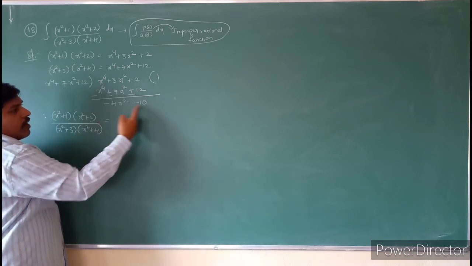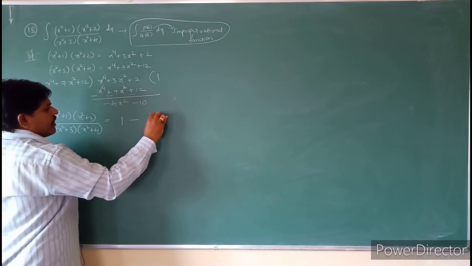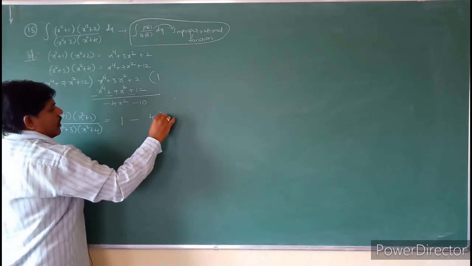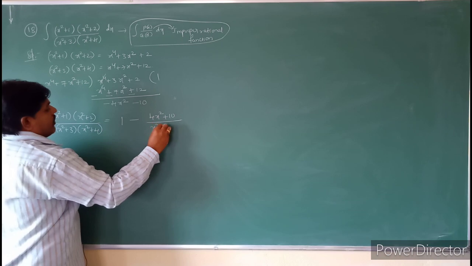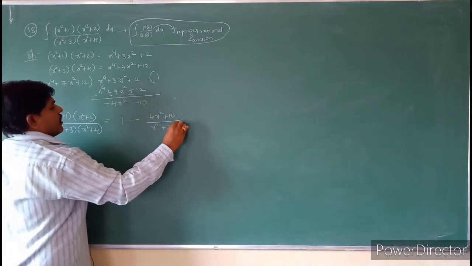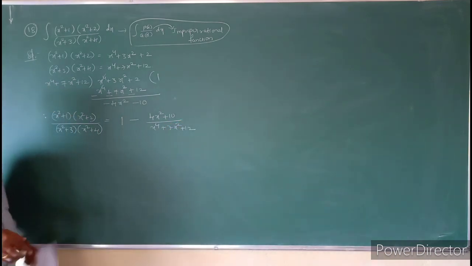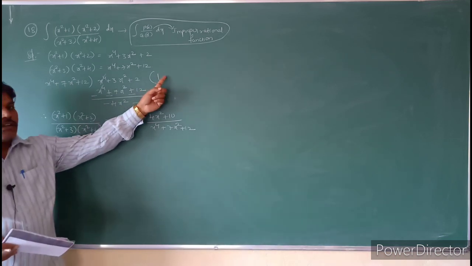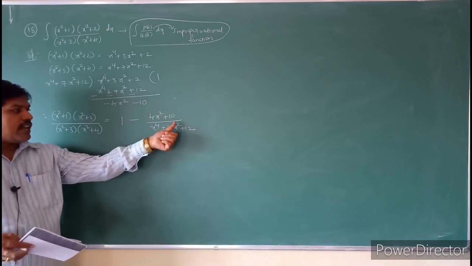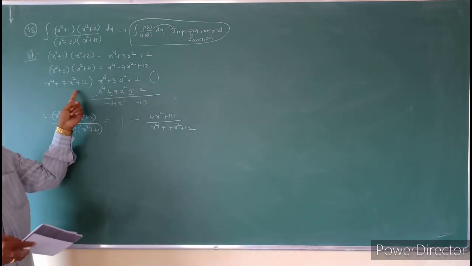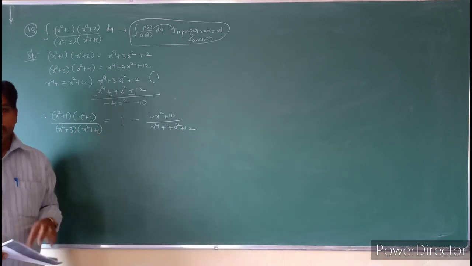Take the minus common from these two: minus of 4x square plus 10 by x power 4 plus 7x square plus 12. All are understood, students? So this term you can write in this model.